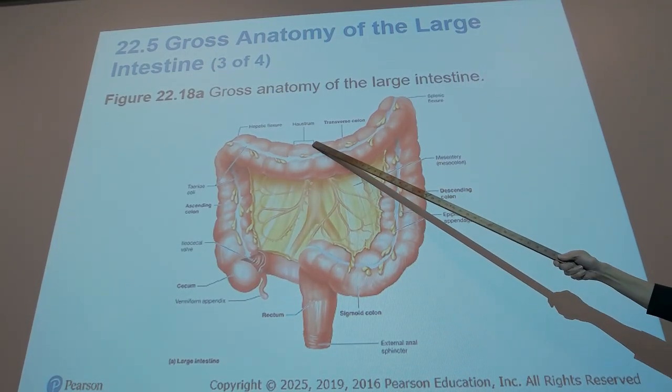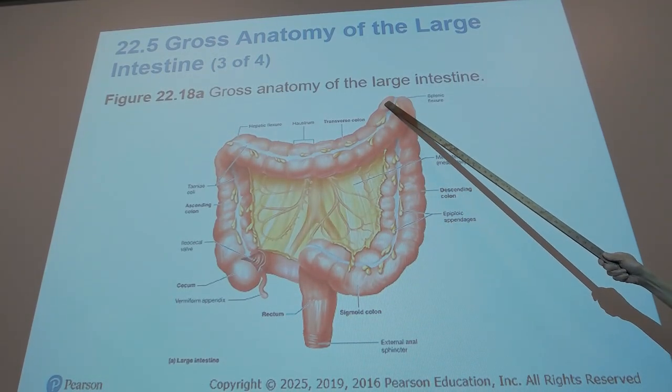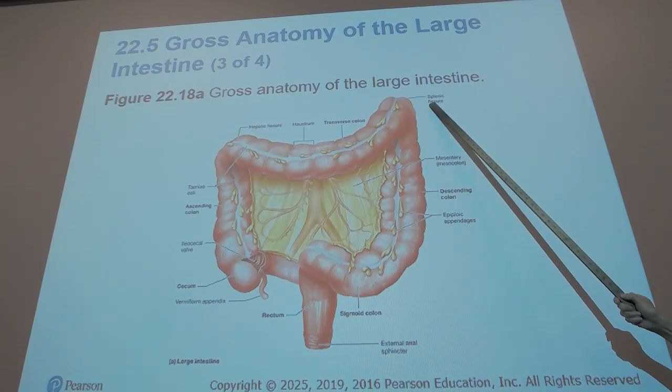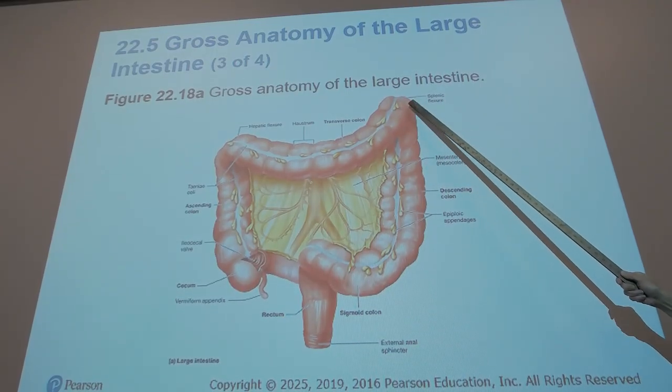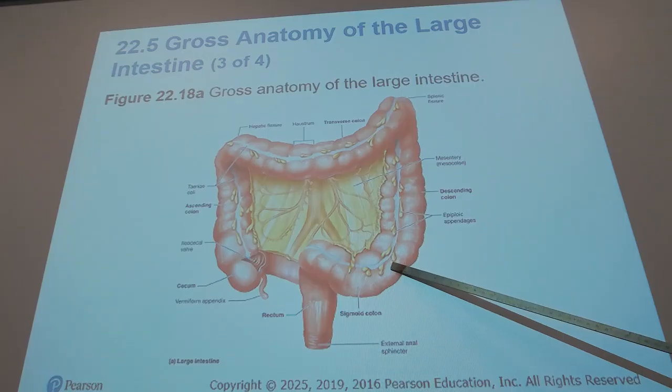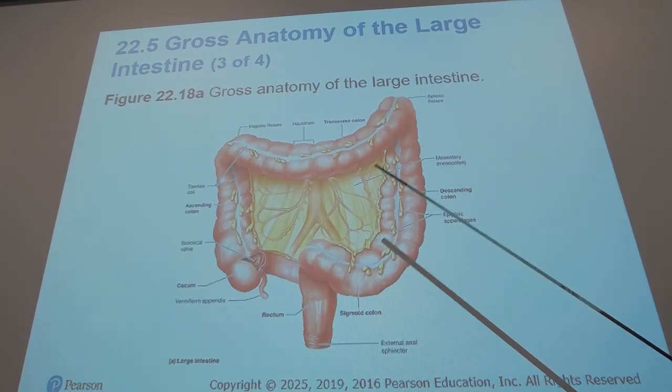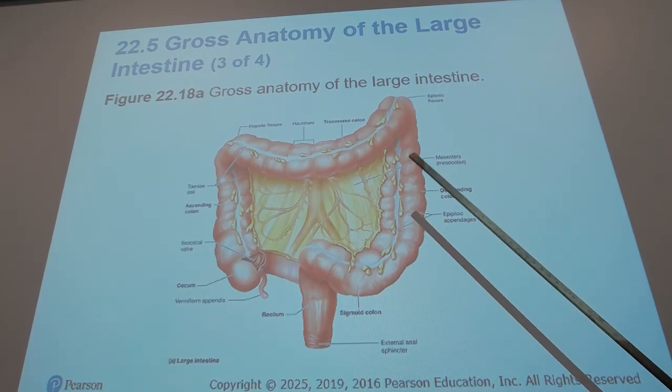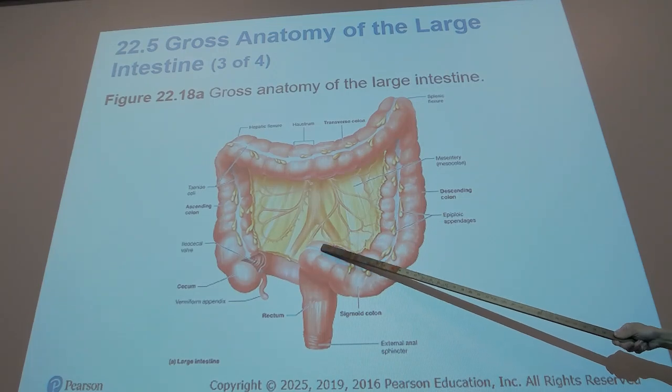the transverse colon. And then the transverse colon gives a turn down into what we call the splenic flexure, and then this part is going to be the descending colon. It's on the left side of our body. Then you give an S-shaped turn.